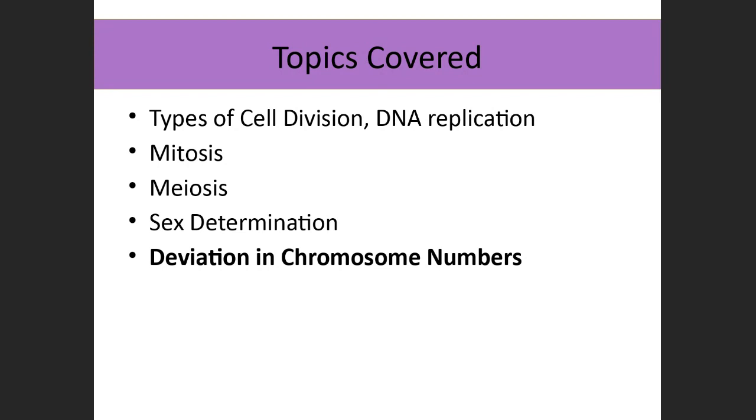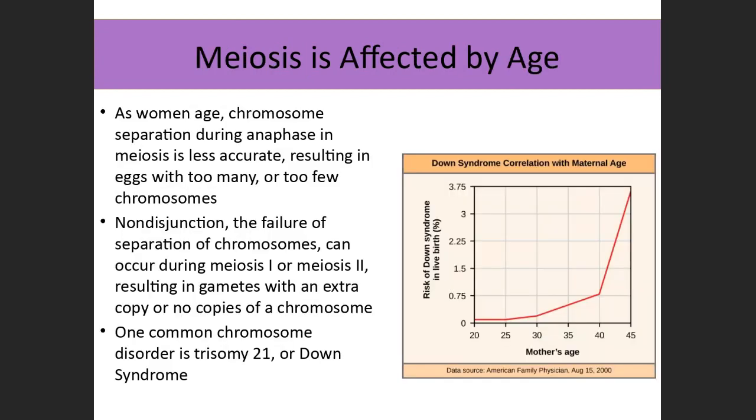So it looks like a lot of this is kind of blaming the mother. There's more and more research showing that advanced paternal age can impact offspring as well. So I don't want you to think here that all of this only relates to females, but meiosis is definitely affected by age, especially in women.